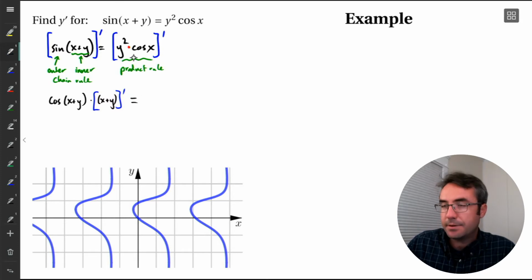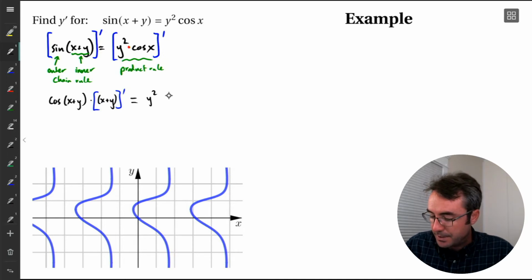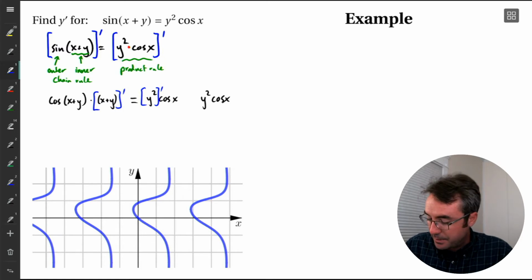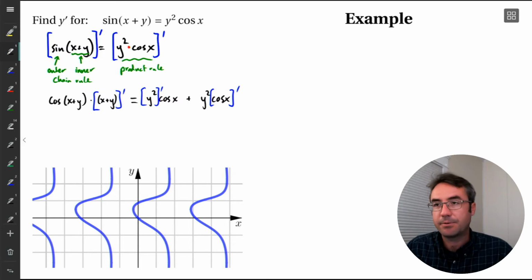Then we go on to the right side, and let's apply the product rule now to the y squared times cosine x. So we can write down two copies of our product. In the first copy, we apply the derivative to just the first piece, and then in the second copy, we apply the derivative to just the second piece, and then we put a plus sign right there in the middle.